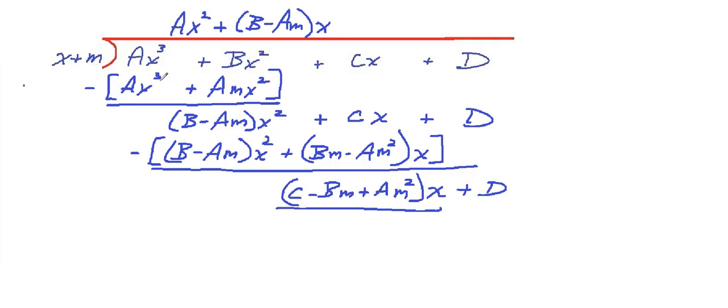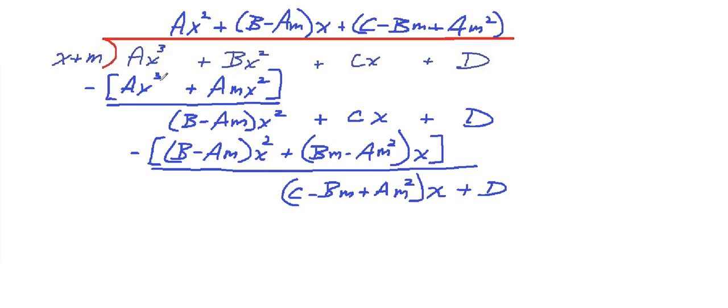If I do this term divided by this term, it's going to simply give me c minus b m plus a m squared. I'm using parentheses to group things, so it's easy to keep track of everything. You'll see more what I'm going to do in a minute.